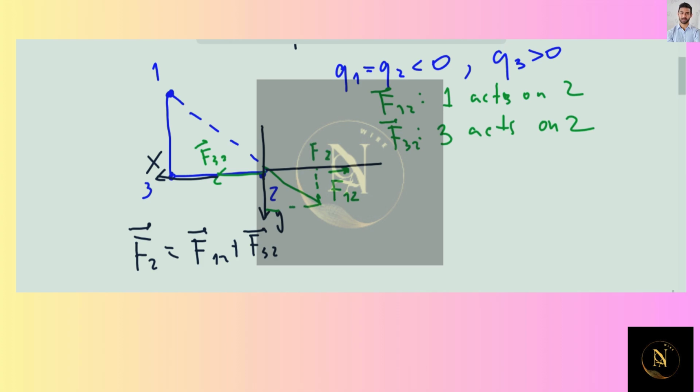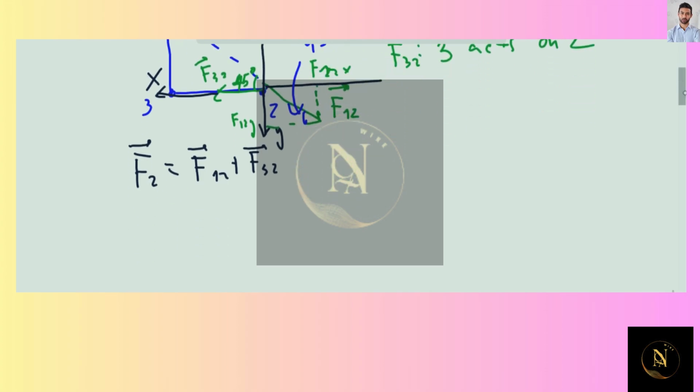So this is F12x and this is F12y. So as we said, this guy is 45 degrees. Therefore, this angle is also 45 degrees because these two angles are between one line and two parallel lines.